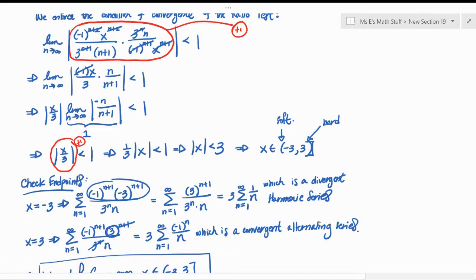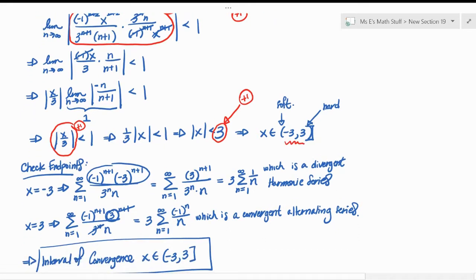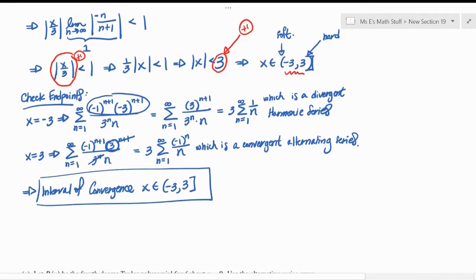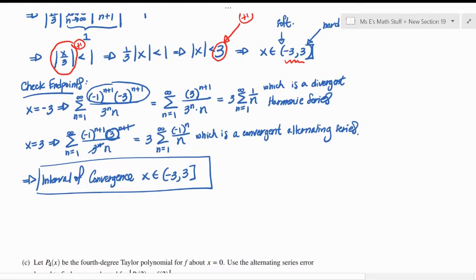The next point is for getting the radius of convergence correct. So having a radius of convergence of 3. Now that could show right here in your work, or it also could show here where your interval is 6 units wide, centered at 0, so has a radius of 3. Next point is for considering both endpoints. Even if you messed it up, you get a point for considering them.